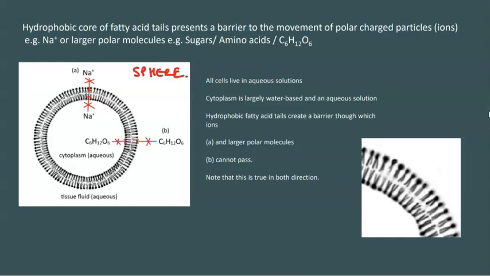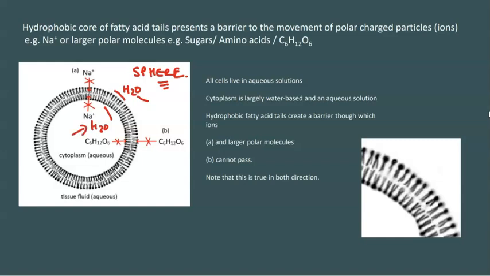We're thinking of a spherical cell where the phospholipids are organized into two layers, with the phosphate heads on the outside and the phosphate heads on the inside. And this is because of the presence of water on both the outside and the inside of the cell. So the extracellular tissue fluid would be water and the cytoplasm would be water.